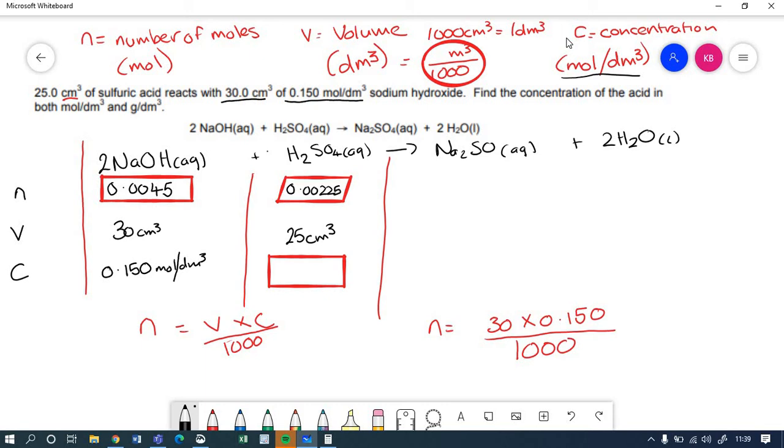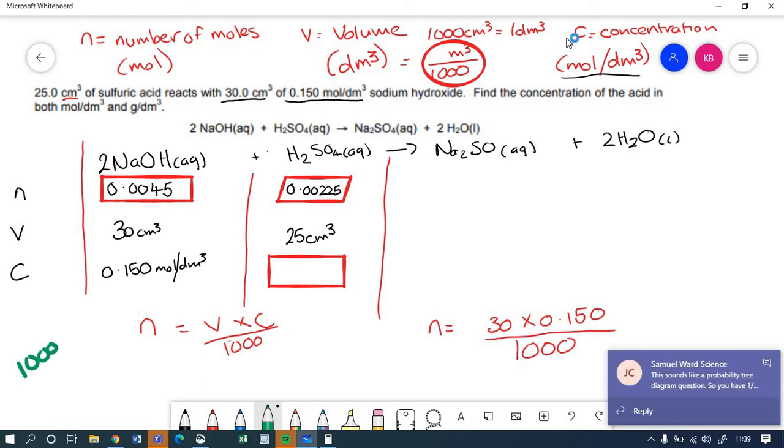Now I've got 2 of the 3 unknowns again. Because I've got 2 of the 3 unknowns, I can work this out. Now, problem is I need to alter this equation, because now I've got the number of moles and I've got the volume. So I'm going to have to rearrange that. I'm going to use green this time round. So I'm going to have to do 1000 n, because I've taken the n across and up.